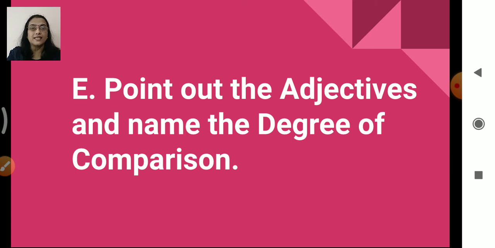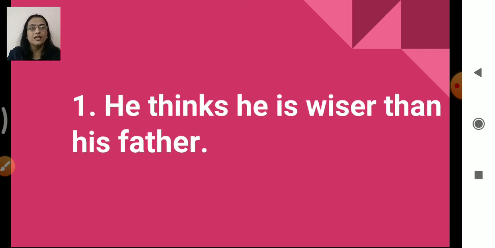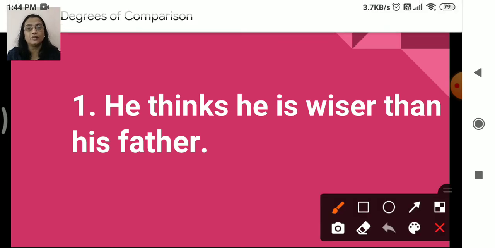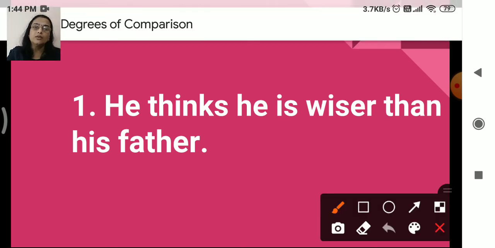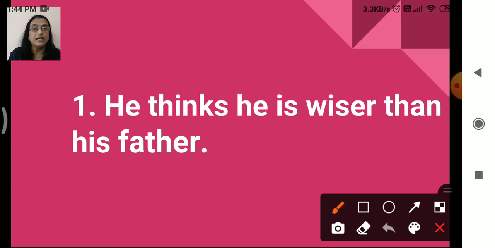Now the next exercise. Point out the adjectives and name the degree of comparison. So what we'll do, first we'll find out the adjective and then we'll have to find out which degree of comparison it is. He thinks he is wiser than his father. So what is our work?